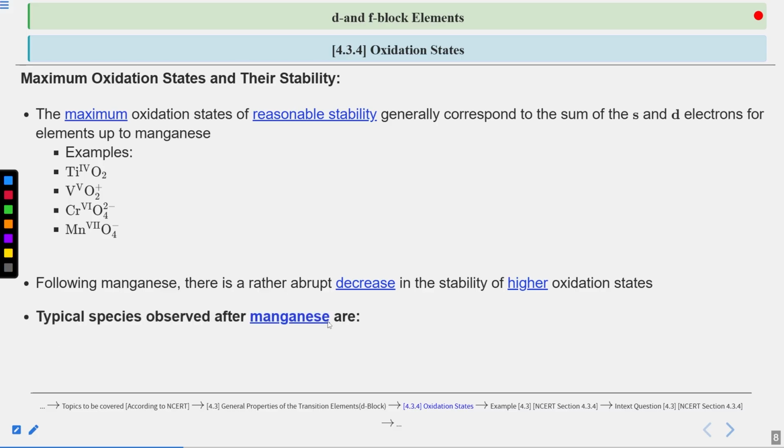Typical species observed after manganese are iron in +2 and +3, cobalt in +2 and +3, nickel in +2, copper in +1 and +2, and zinc in +2.